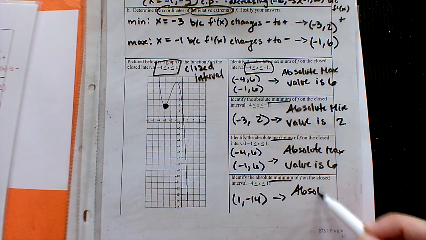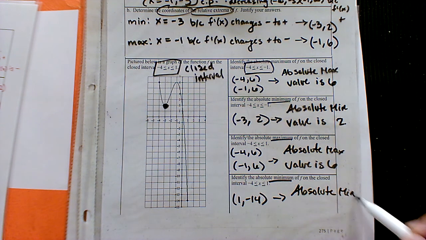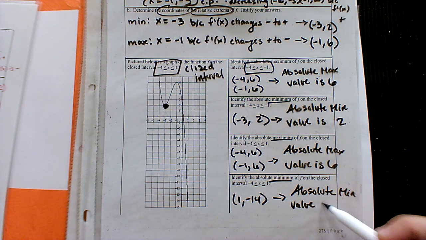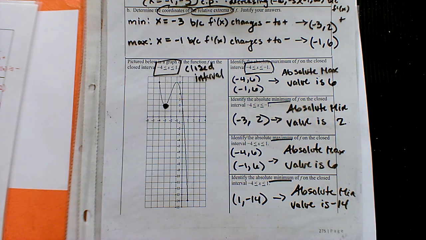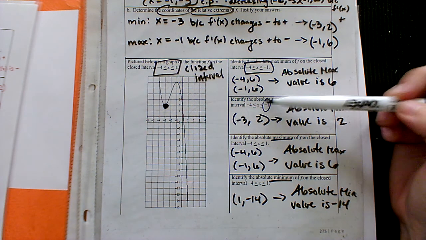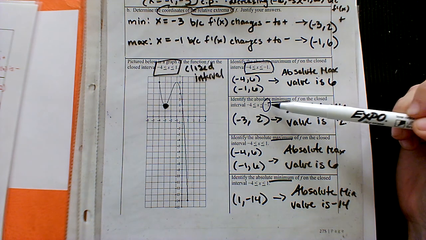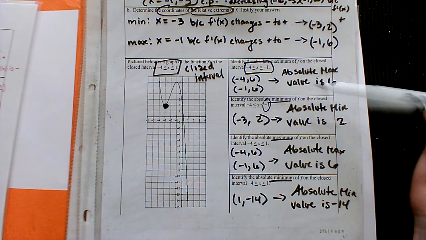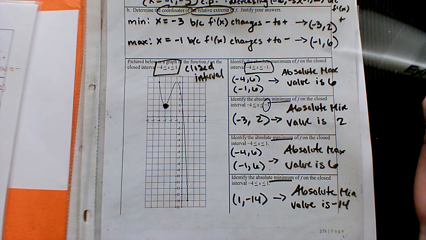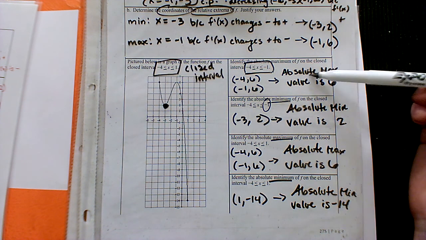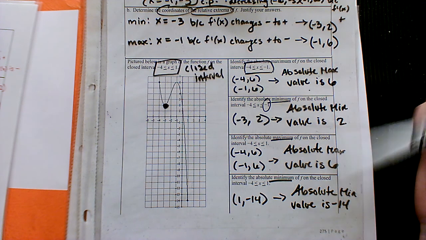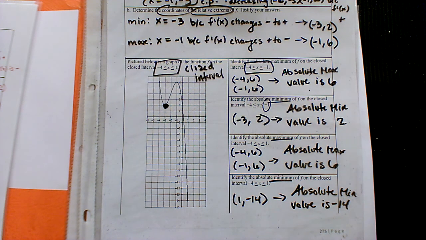Okay, so absolute min value is -14. Okay, they caught me. I missed the negative. Notice how if the interval changes, so might the absolute maxes and mins. So the maxes stayed the same, but the absolute min changed because the interval changed. So you have to be careful with those endpoints.